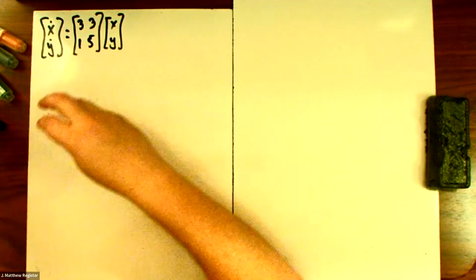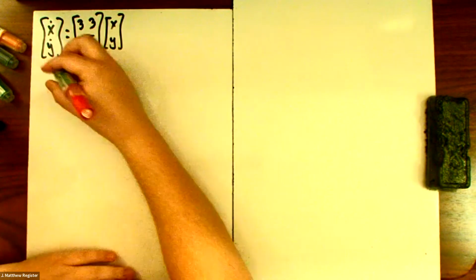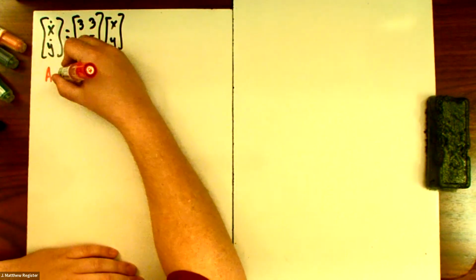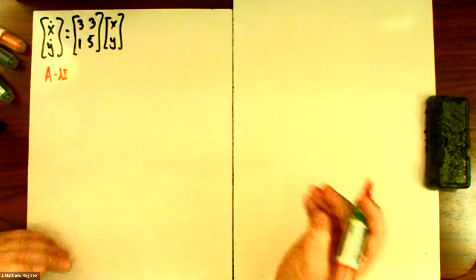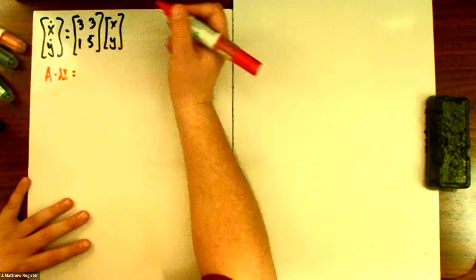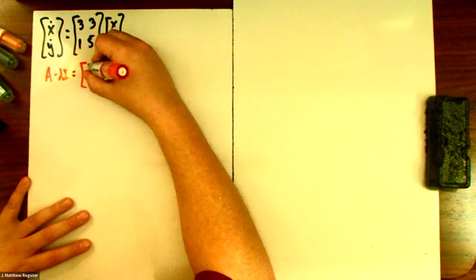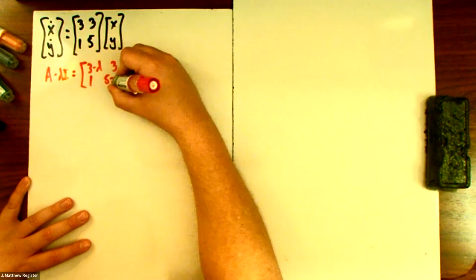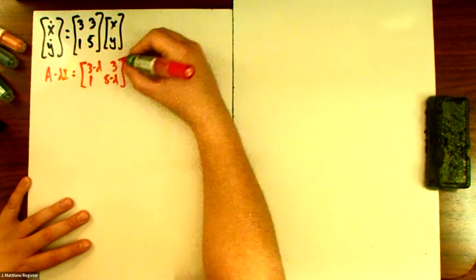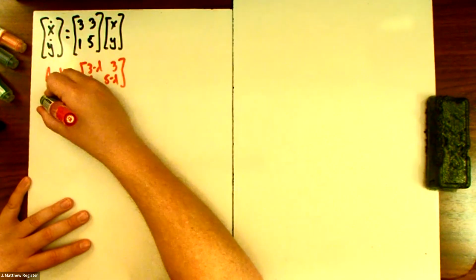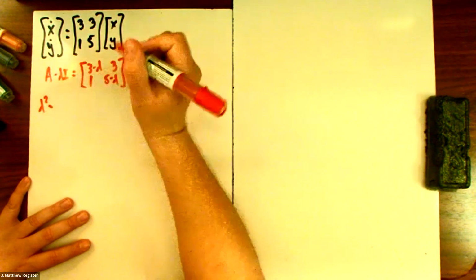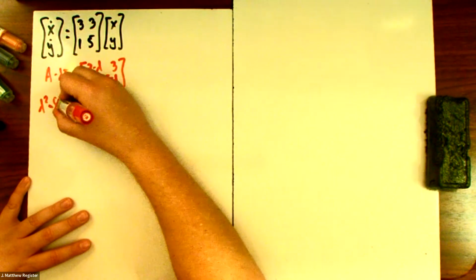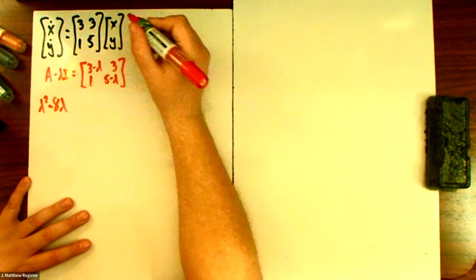And so we can solve this. Let's start by doing A minus lambda I. So A minus lambda I in this case is going to be 3 minus lambda, 3, 1, and 5 minus lambda. And so our characteristic equation is lambda squared minus the trace lambda plus the determinant.